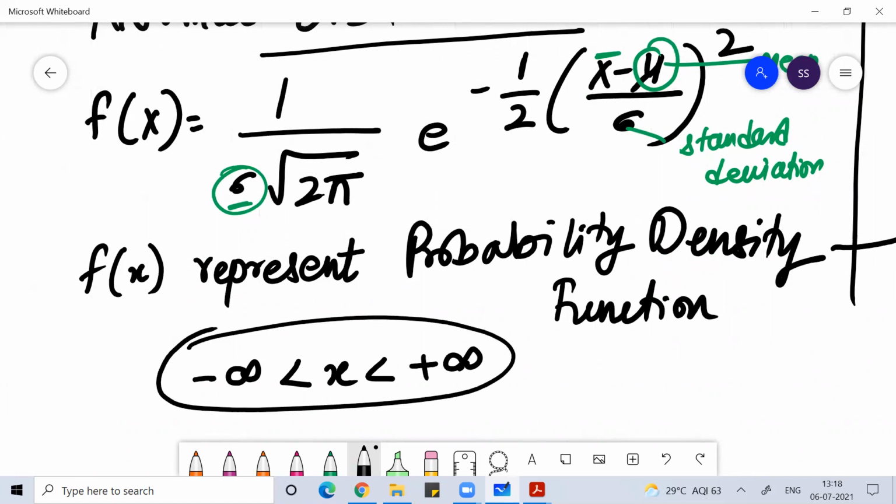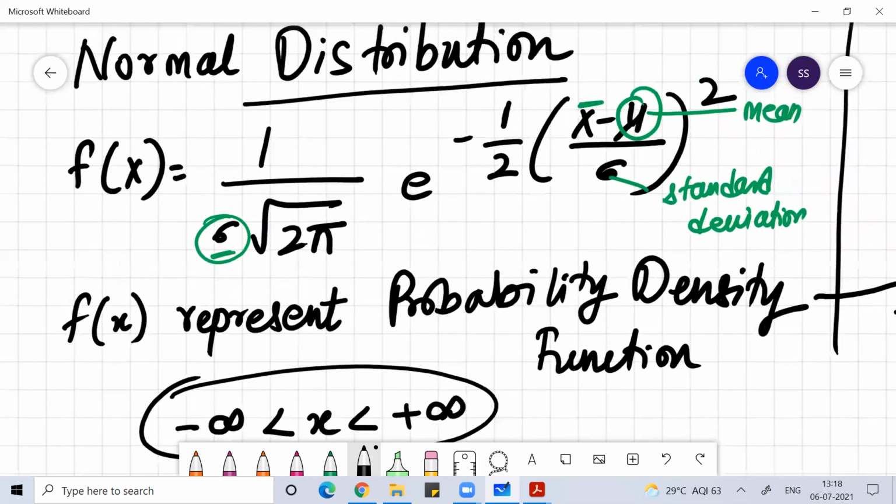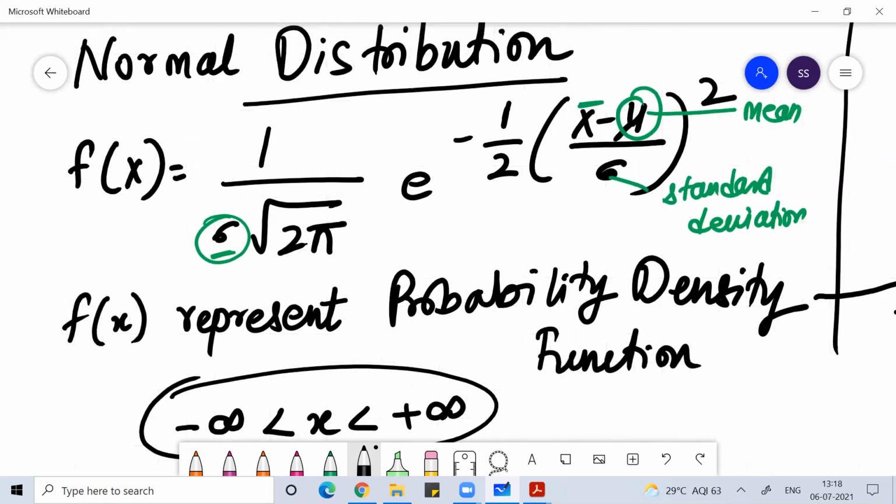You can understand this in this equation. Clear, everyone?